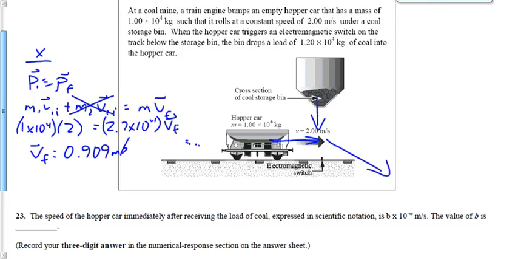Now, if we were to do the y component, where there is technically a y component, if we were to go through that process, assuming we knew what the velocity of the coal was just before the collision, solve for the y velocity of the hopper car and coal immediately after the collision, we would find its velocity to be something like this.